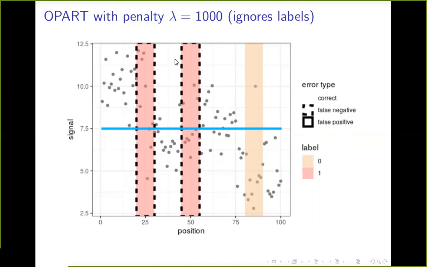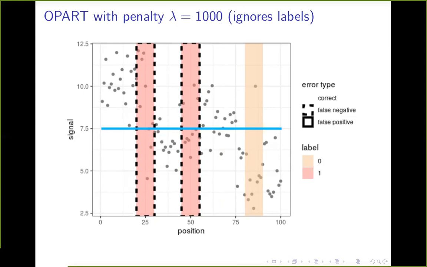When you have a really big penalty like that, you get a model which is totally flat and there are no changes at all. When there are no changes in these one labeled regions in red, we call that a false negative, because we want a change somewhere in there, but we're not detecting one. So that's a false negative error.